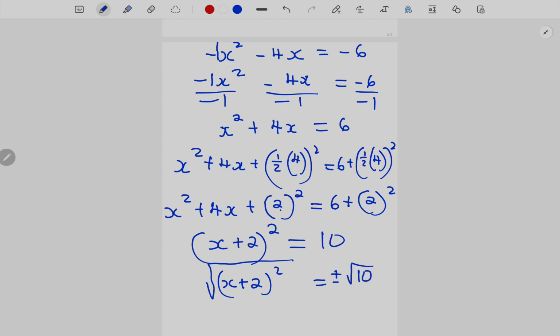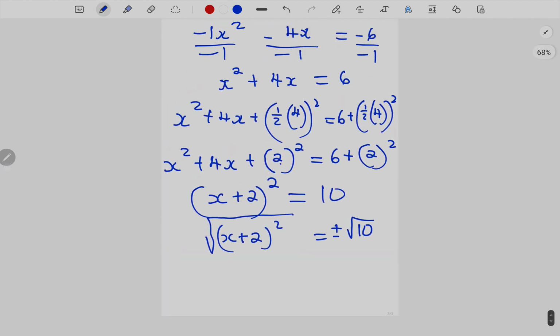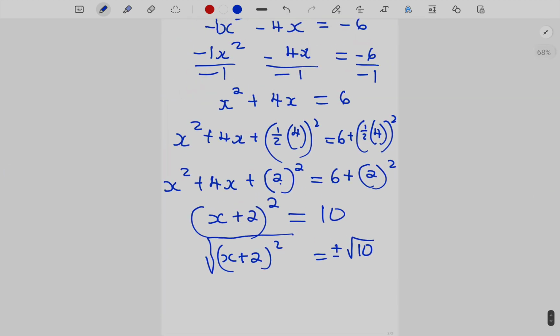What we do on the left hand side, we also do on the right hand side. Okay, which gives us x plus 2 is equal to plus or minus root 10.